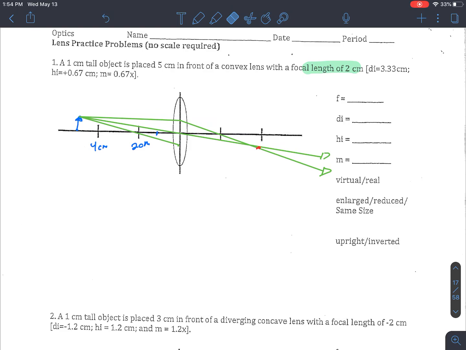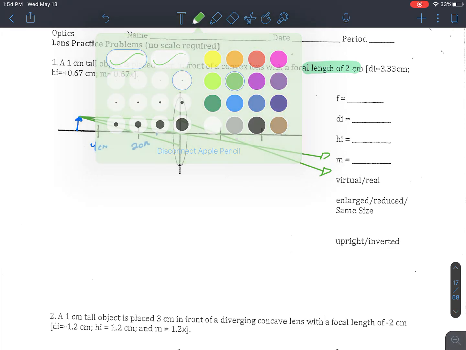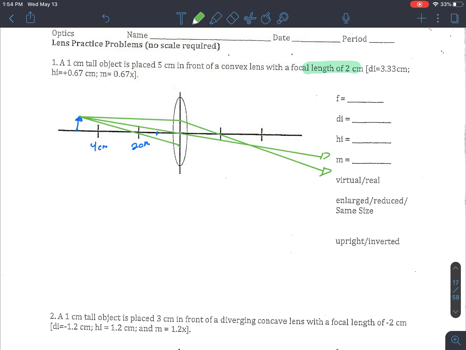So let's get rid of that little guy. There you go. My parallel was not perfectly parallel. Good enough. So you can see what I meant by trying to draw things as accurately as possible.